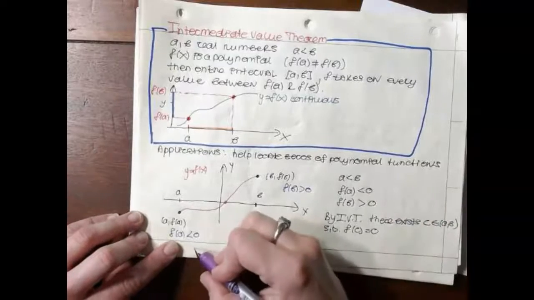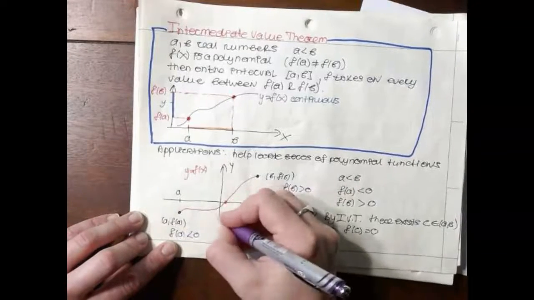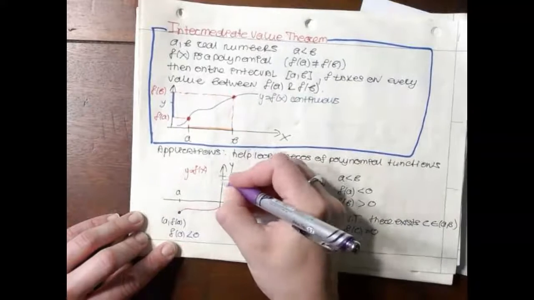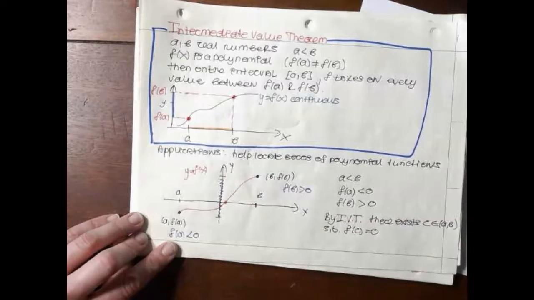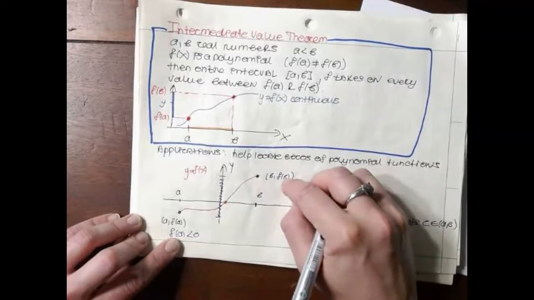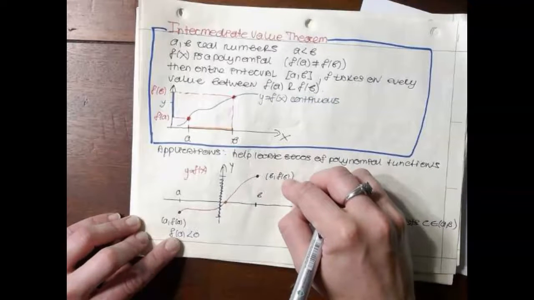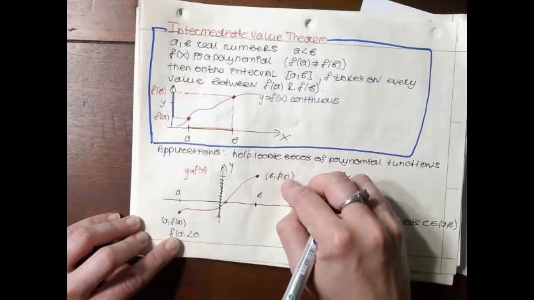Because f of a is less than 0 and f of b is greater than 0, by the intermediate value theorem, any value y I take on the y-axis that's between this negative value f of a and this positive value f of b, I should be able to find a value x in a, b that will produce this value y.